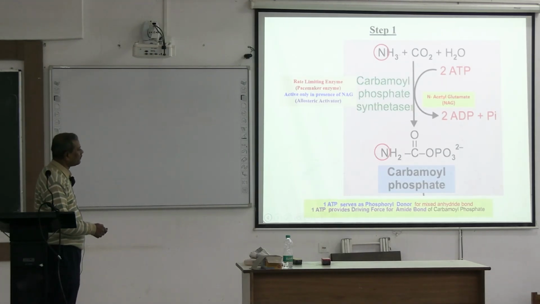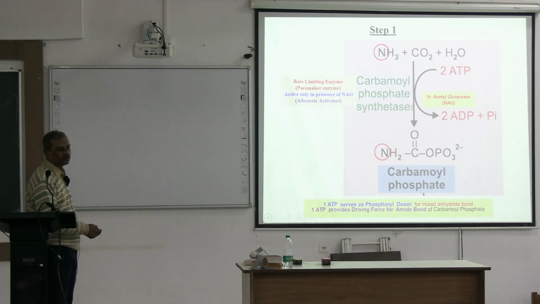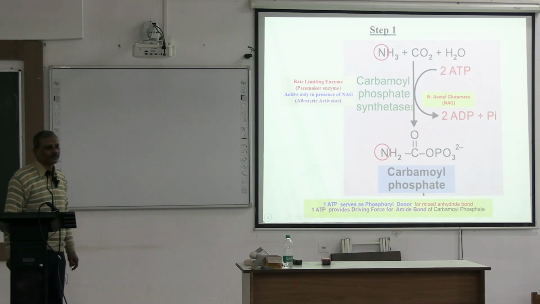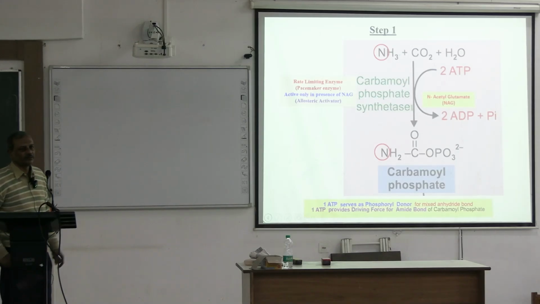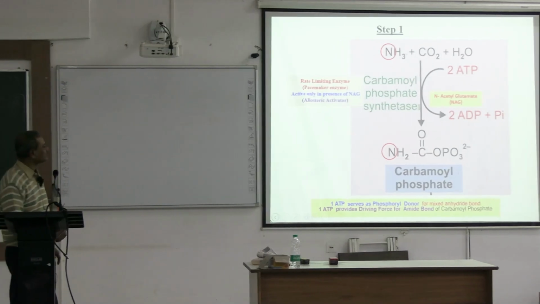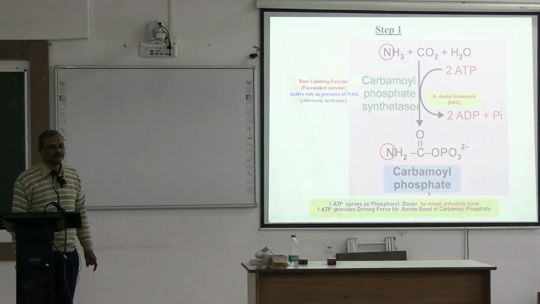Now, N-acetylglutamate is an allosteric regulator, an allosteric stimulator you can say. Without N-acetylglutamate, carbamoyl phosphate synthetase I will not act at all. And this carbamoyl phosphate synthetase is the rate limiting enzyme of the urea cycle, and it is called a pacemaker enzyme.